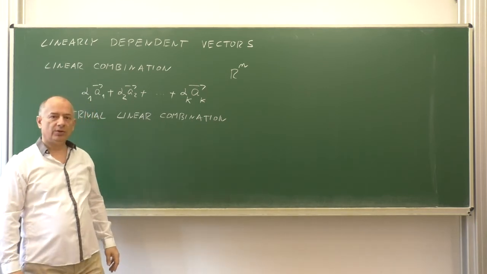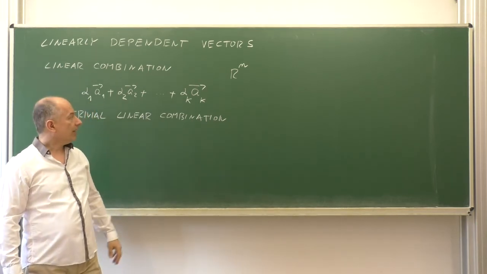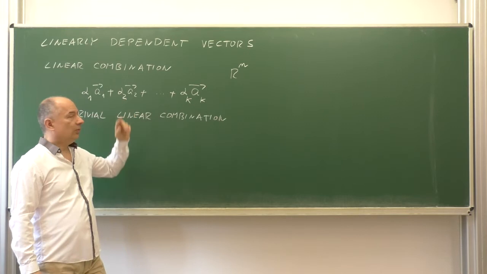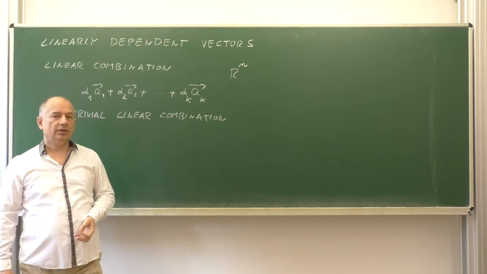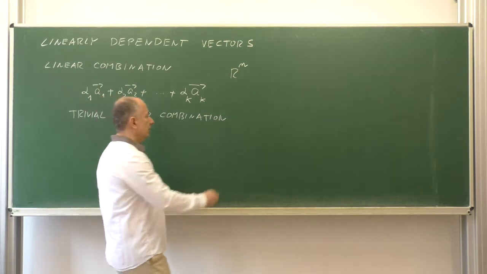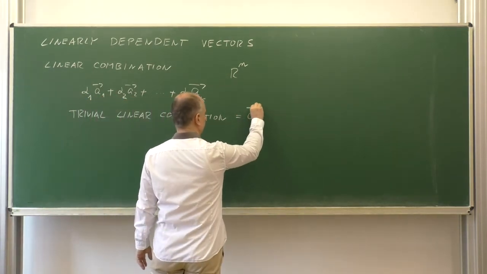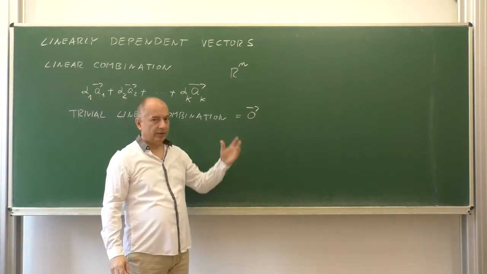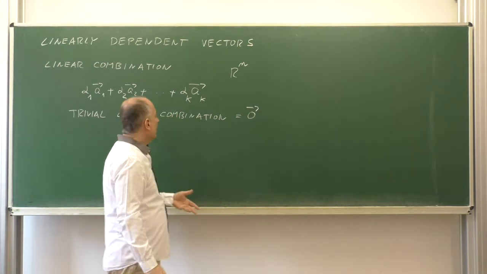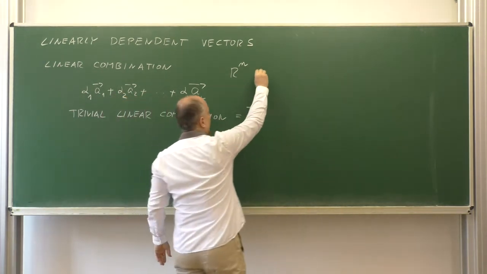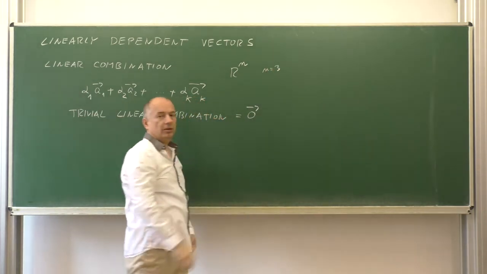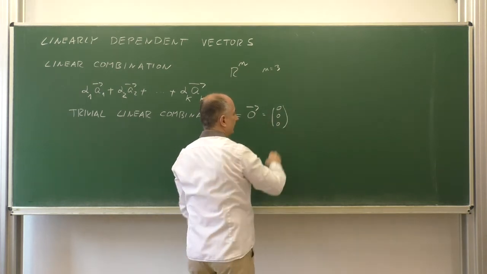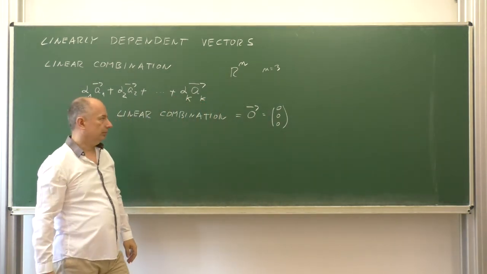Can we say anything about the result? Yes, independently of what the vectors are, the result of this linear combination is indeed equal to 0. We write a little arrow above 0 to distinguish the 0 vector from a 0 number. Say if n is 3, just to give an example, then 0 with arrow would be a 3-component vector, each component being equal to 0.